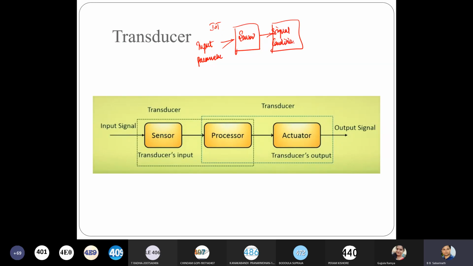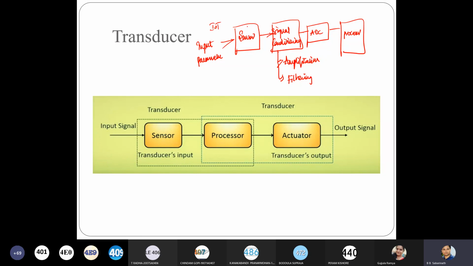The signal may not be perfect, so we apply signal conditioning like amplification and filtering. After that, we apply it to the ADC, the analog to digital converter, and then to the processor.